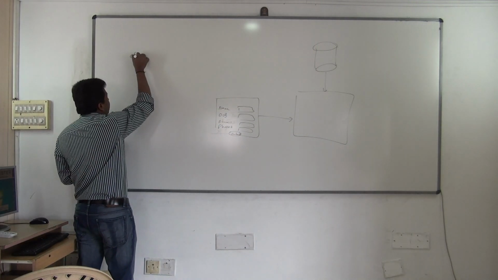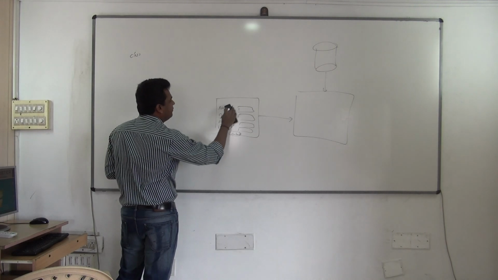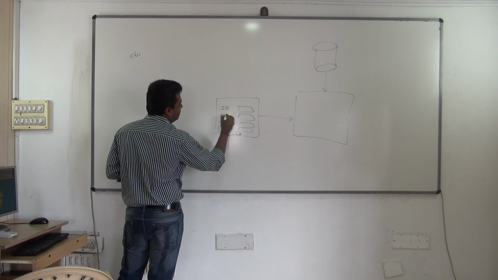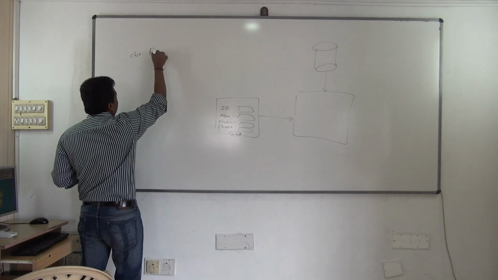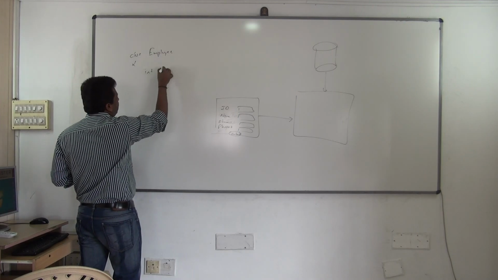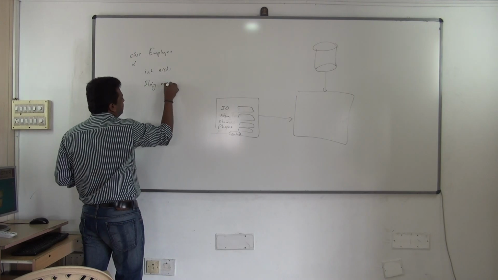So I'll write a class. I'll take names like this: ID, name, phone 1, phone 2. So class Employee, I can have something like this: int employeeID, String name.